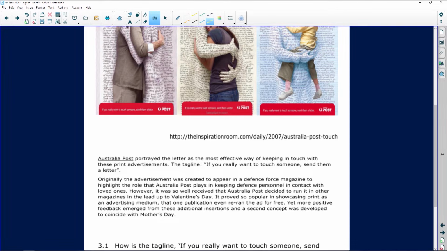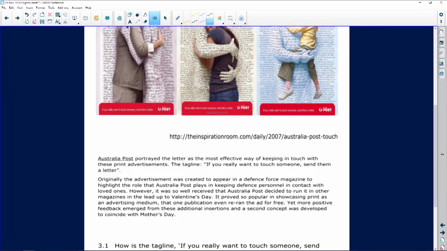Australia Post portrayed the letter as the most effective way of keeping in touch with these print advertisements. Okay, so using these print advertisements, they are pushing the idea of letters are still an effective way of keeping in touch. The tagline, if you really want to touch someone, send them a letter.